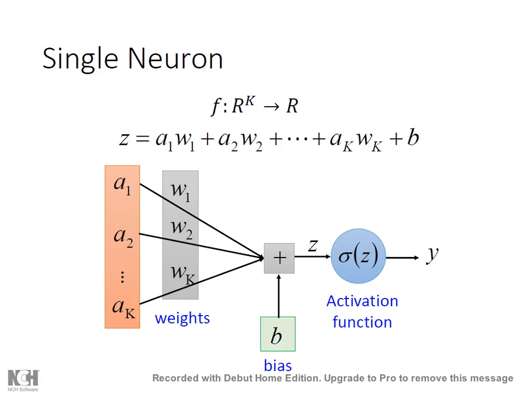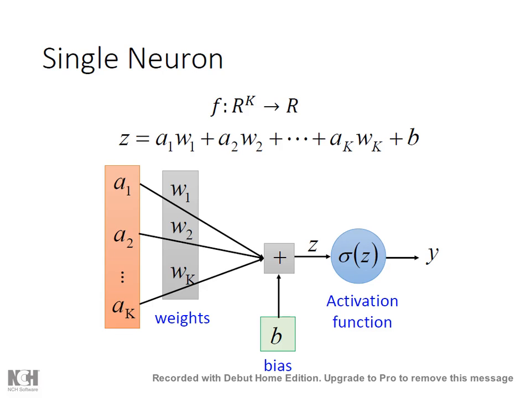You see we have your input vector, and we have links associated with their weights. All of these will be summarized with this equation: A1 W1 plus A2 W2, up to AK WK, plus the bias.